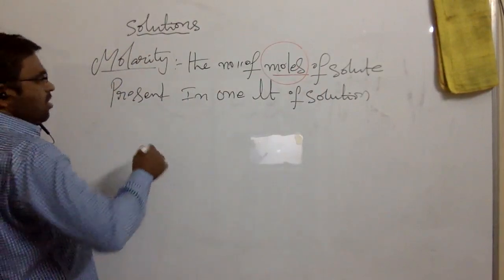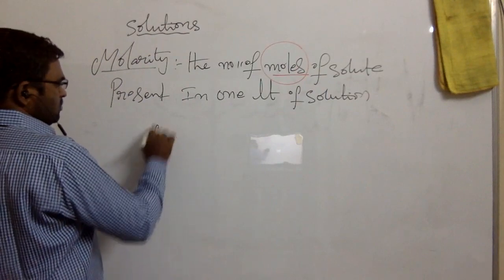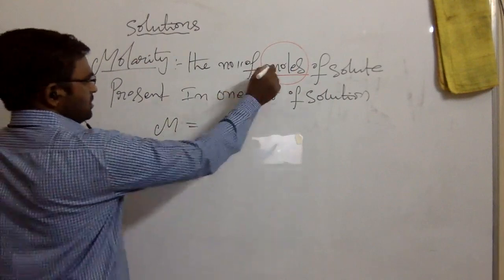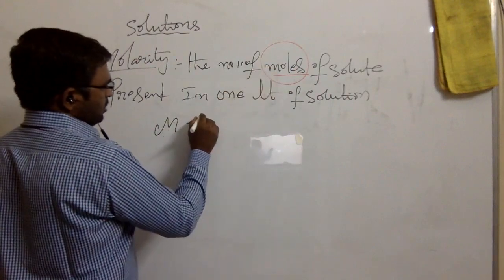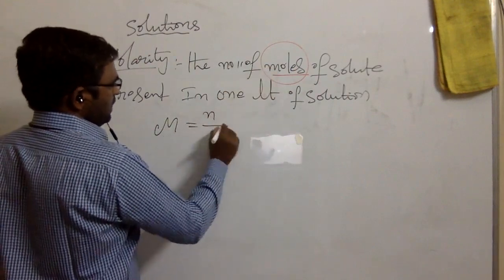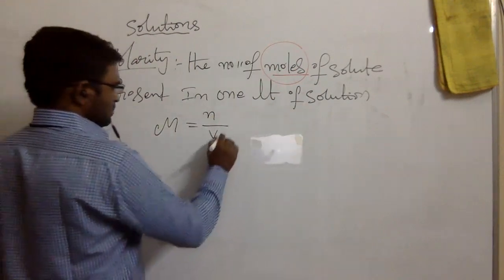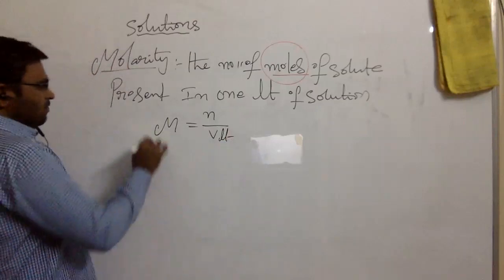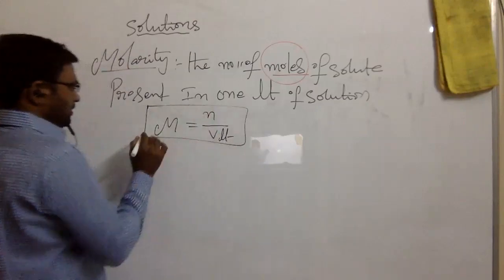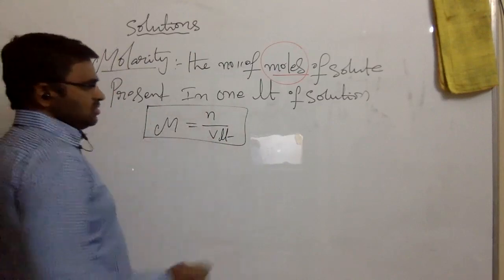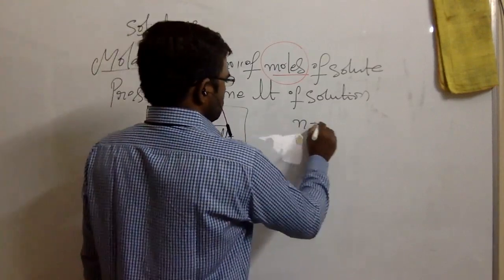From this, you see how to derive the formula. Molarity is represented by capital M. M is equal to moles of solute, represented by small n, divided by the volume of solution in liters. This is the formula for molarity. But a newly introduced term is moles. So how to calculate the moles?